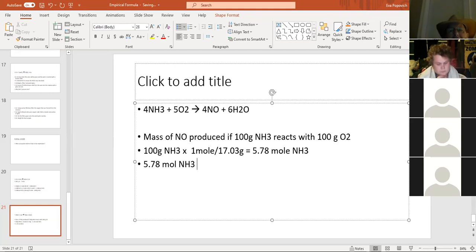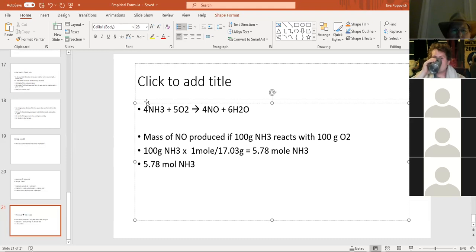What did I say the second step was? Moles of unknown over the moles of the known. We get that by applying the molar ratio.